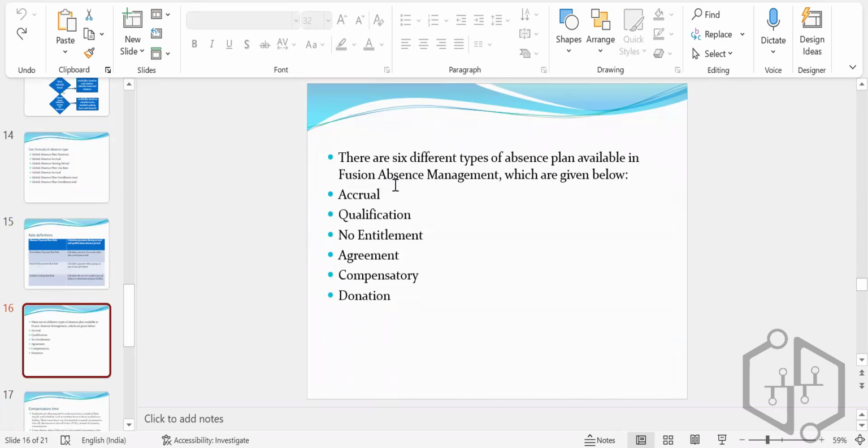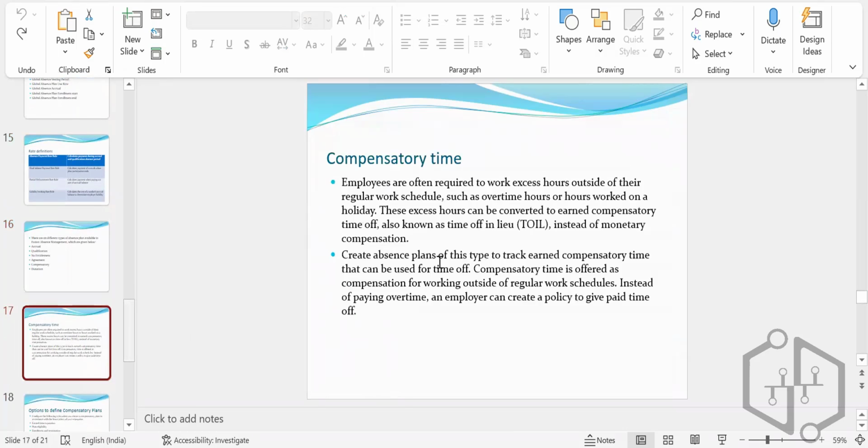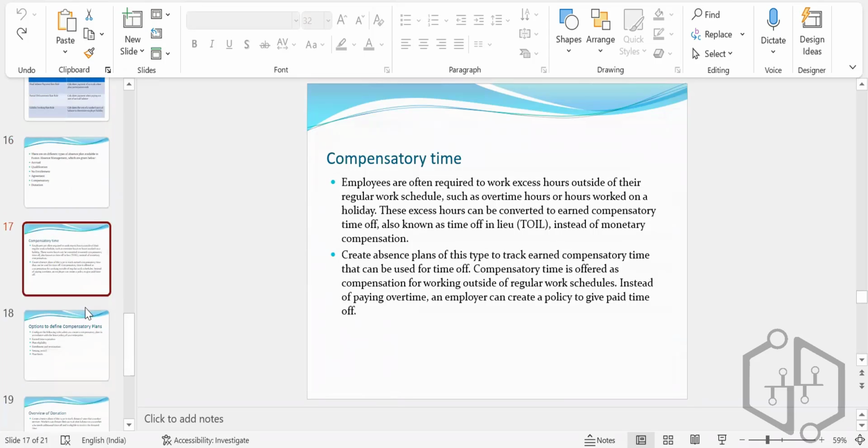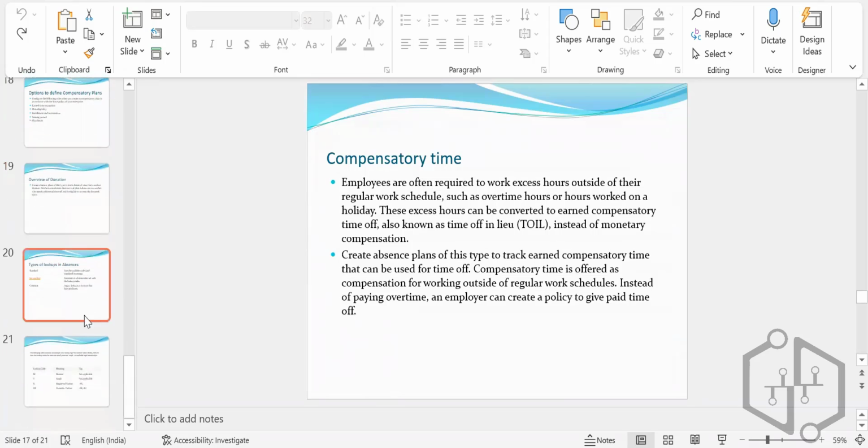There are 6 types of absence plans we have discussed: accrual, qualifications, no entitlement, agreement, compensatory, donation. Donation and compensatory we have not done. I will tell you. Compensatory plans are what?